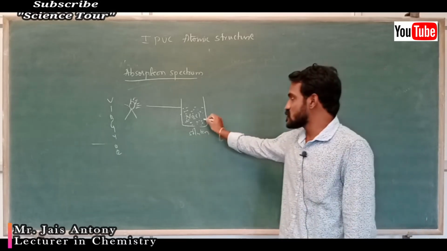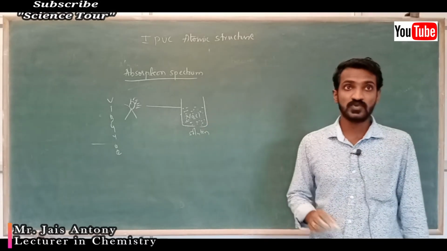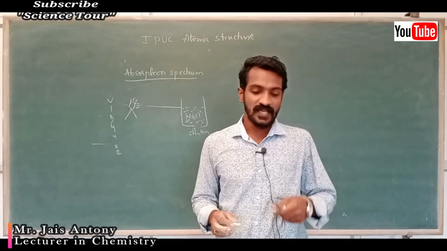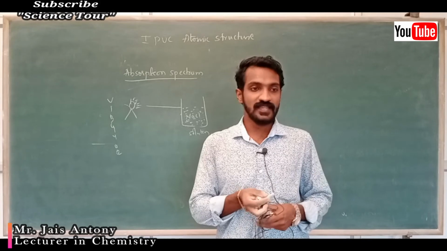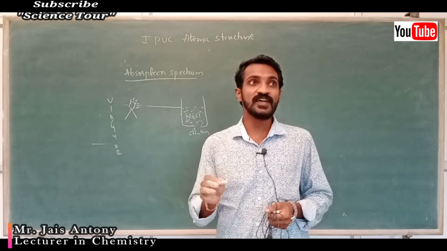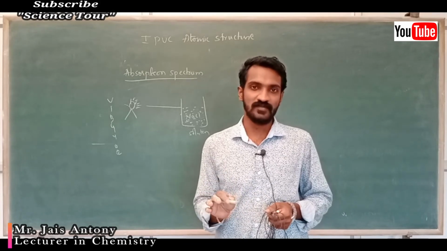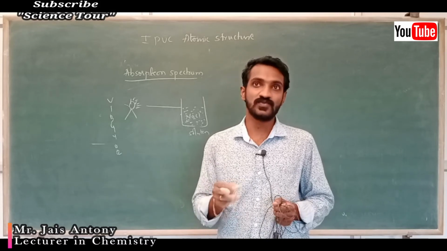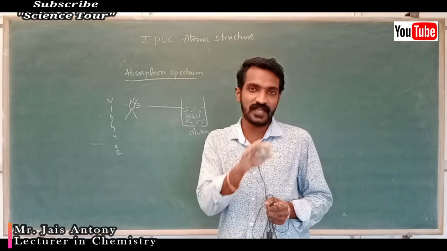In this, sodium absorbs 2 colors. That means one is yellow color and another is dull yellow color. Two types of wavelength are there, a color pattern.